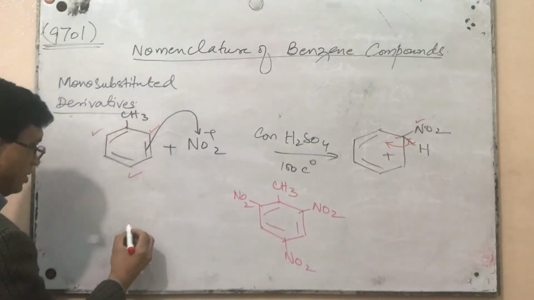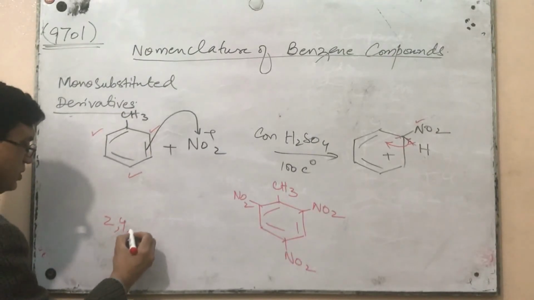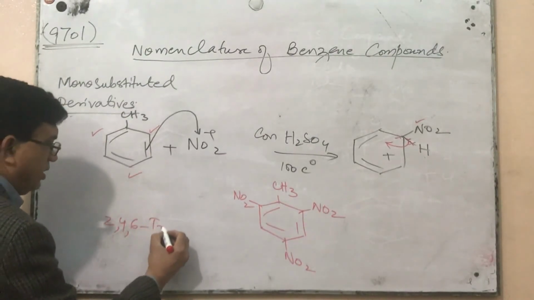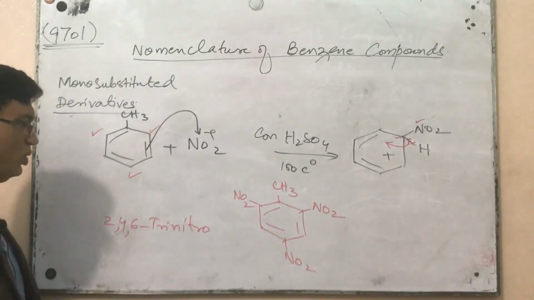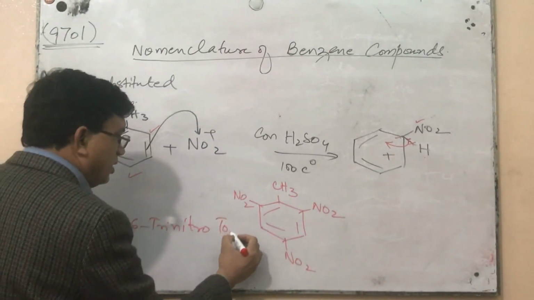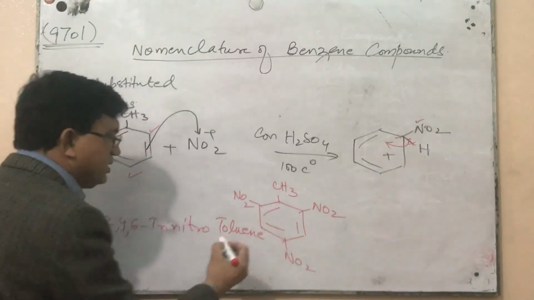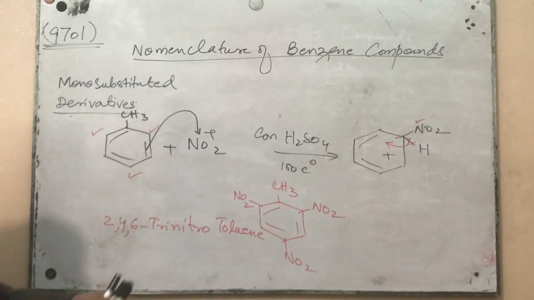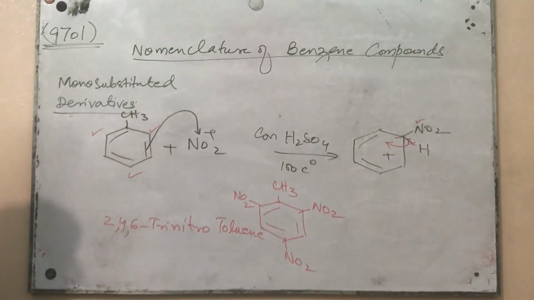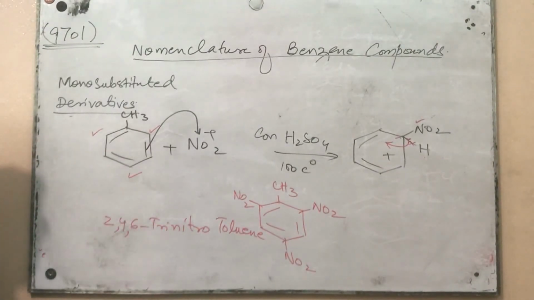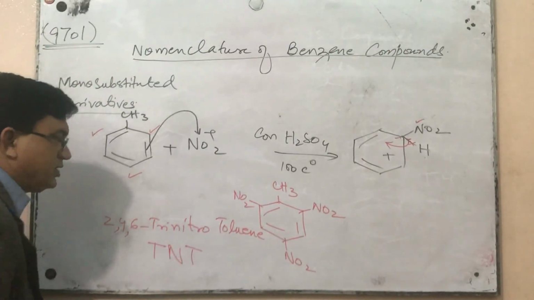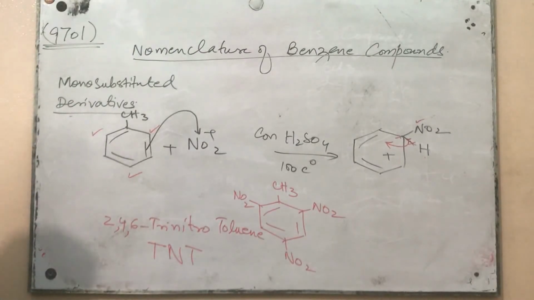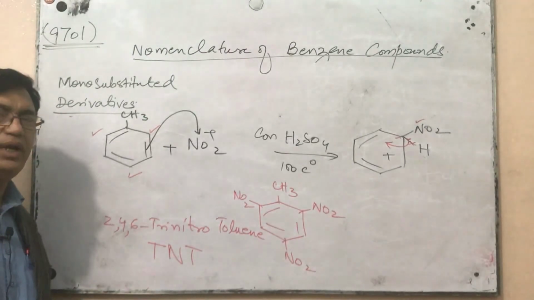This is called 2, 4, 6 trinitrotoluene. This is the common name of the methyl benzene product, commonly called TNT, which is used as an explosive material.